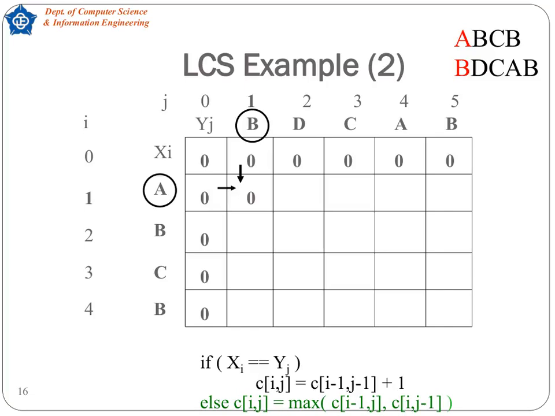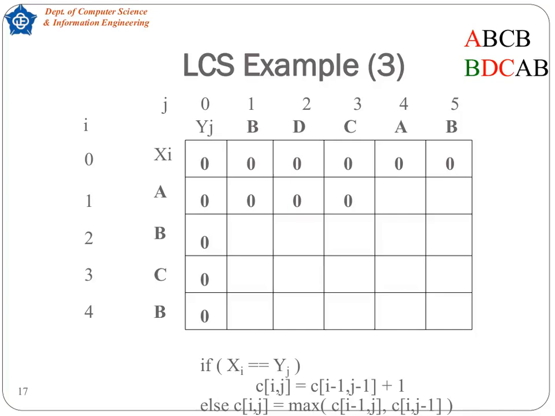Since both C[0,1] and C[1,0] are 0, we set C[1,1] equals 0. You can see the arrows pointing up and left, showing where that maximum comes from. With this first non-trivial entry complete, we simply continue across the row and then down the table in the same way. Let's move on and see how matches start to influence our values.